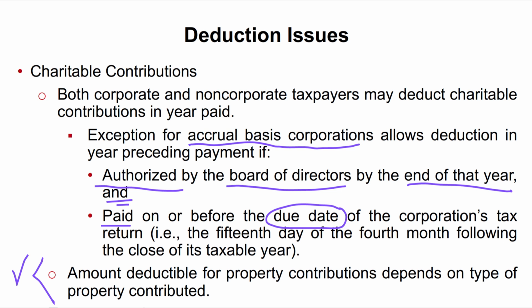If it's authorized by the board of directors in that first year, even though paid in the second year, it's deductible in the first year, which, remember, generally speaking, because of the time value of money, we want to deduct earlier rather than later. Again, there are exceptions. We might want to take it later because tax rates change, or because of expiring NOLs. But really, that's the idea.